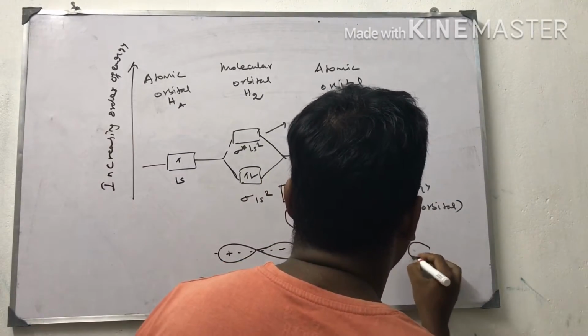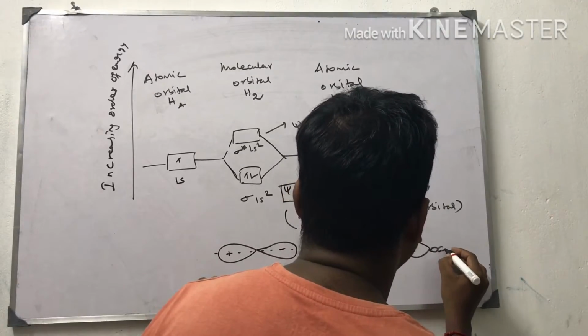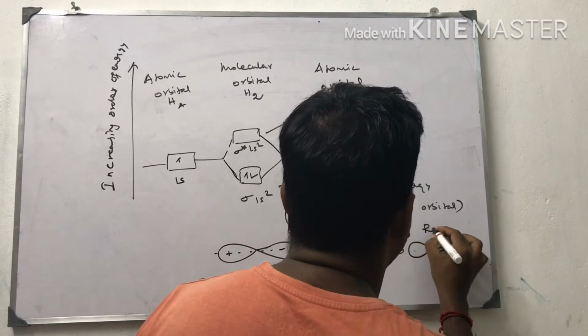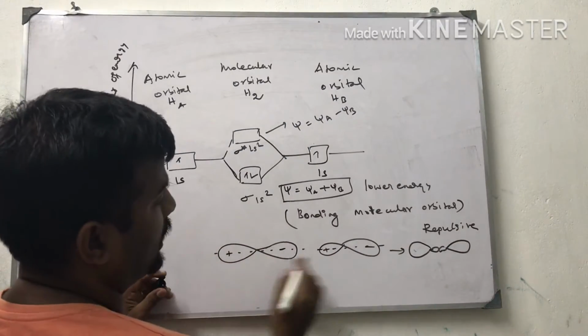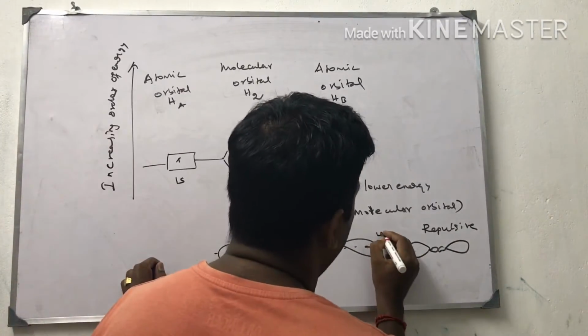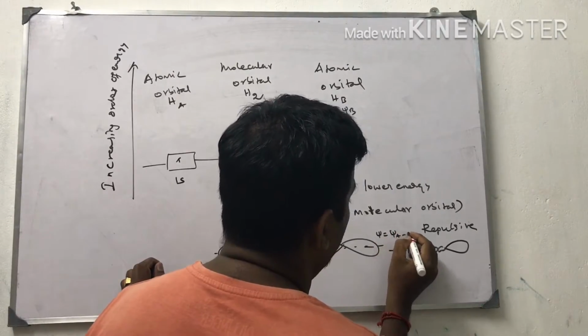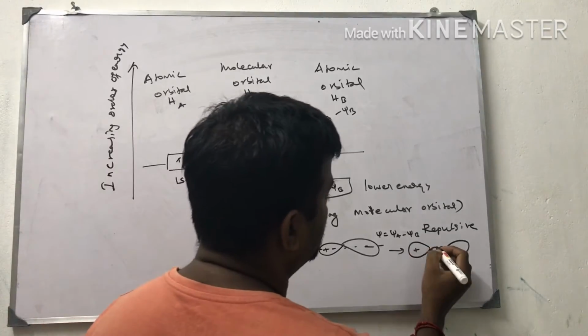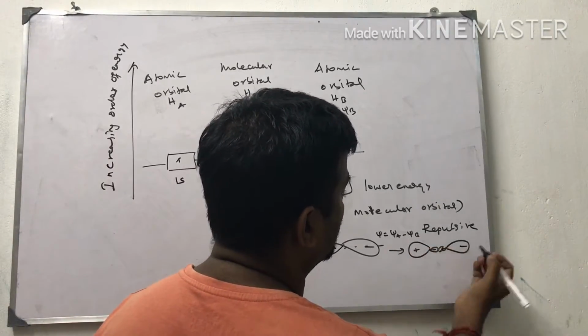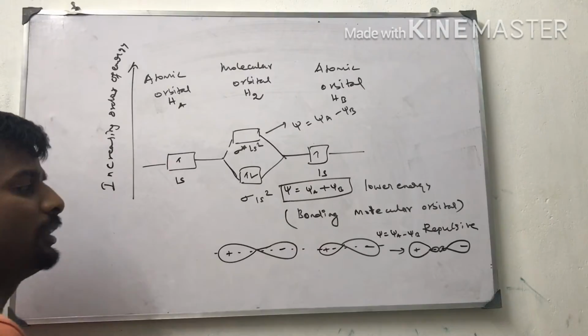A repulsive effect takes place, that is plus and minus, crest and trough overlap, that is psi is equal to psi A minus psi B. This we learned in the hybridization part.